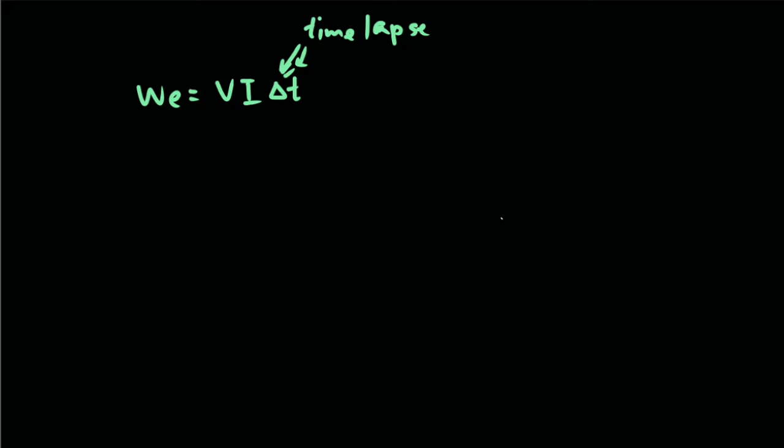So what do we know here? We know that the voltage is 120 volts, the current was given as 0.2 amps, and the time lapse was given as 5 minutes. For consistency, we're going to change it to seconds.